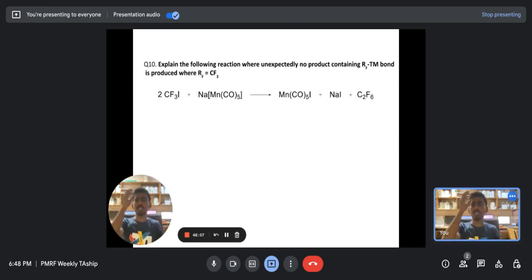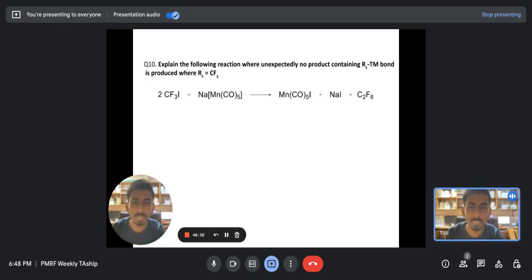This is another example. Similarly, we have to explain why, in the reaction, unexpectedly no product containing an RF-TM bond is produced, where RF is equal to CF3. In the previous examples, I have already told that RF metal bonds are quite stable in nature. So in all the cases, the reaction would proceed in such a manner that a product containing an RF metal bond would form. But here it is not the case.